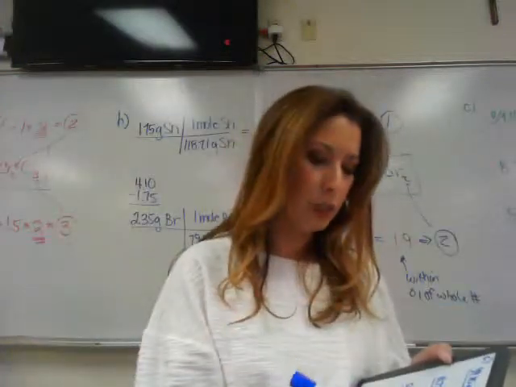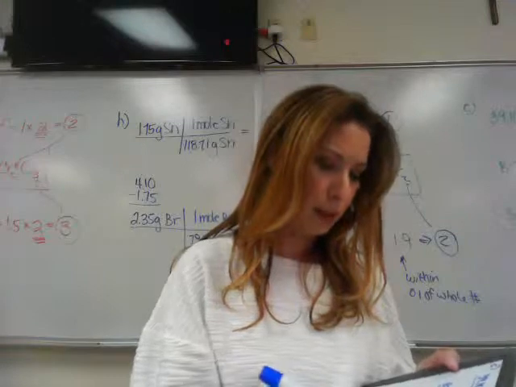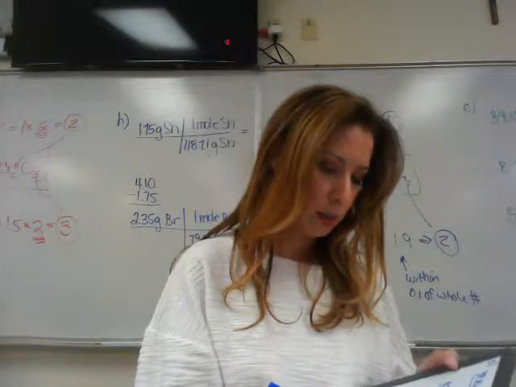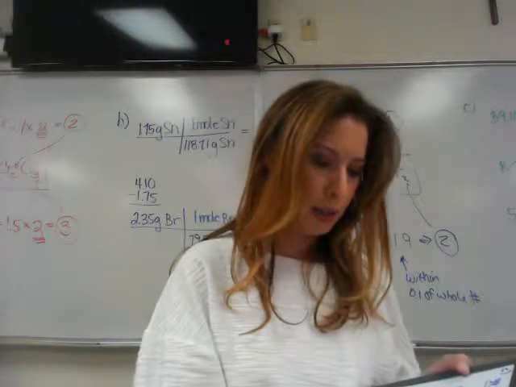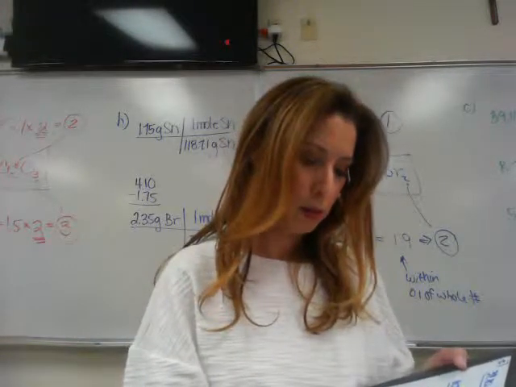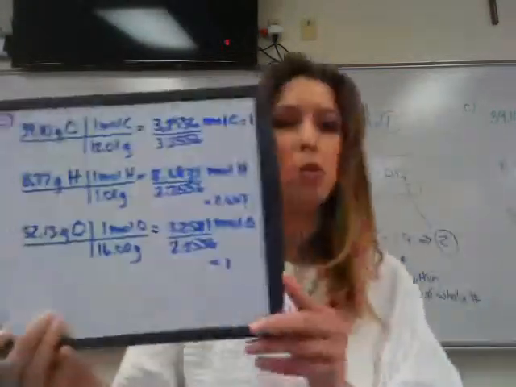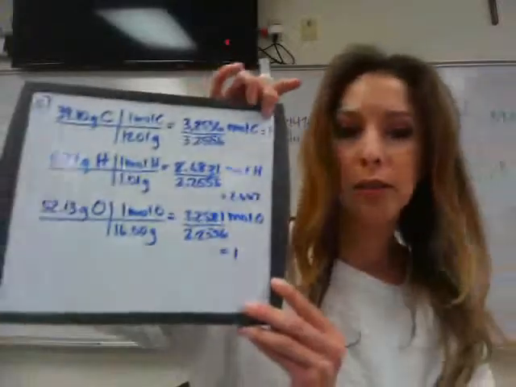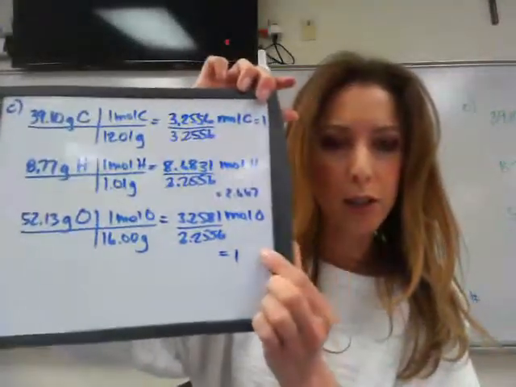So divide each mole by 3.2556. And you're going to end up with 1 here. And then here you're going to end up with 2.667, and here you're going to end up with a 1.